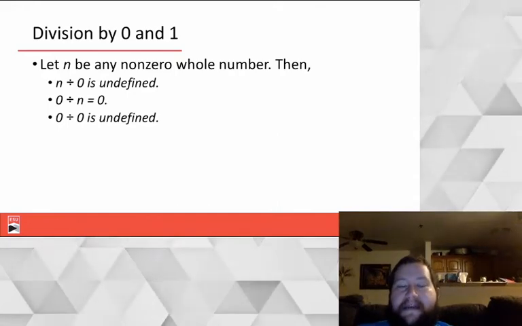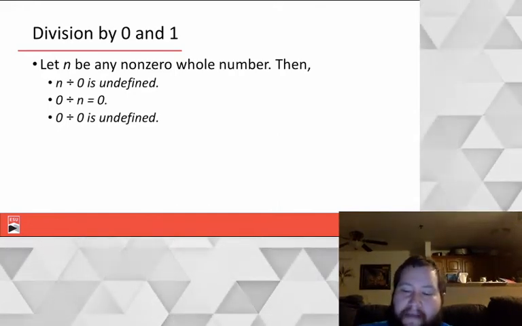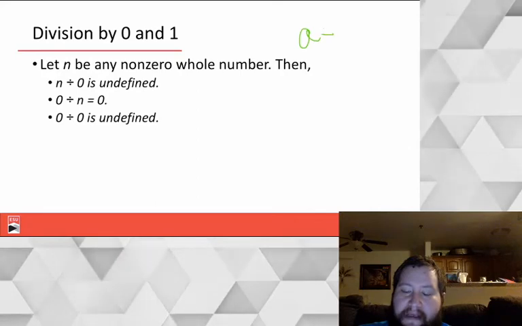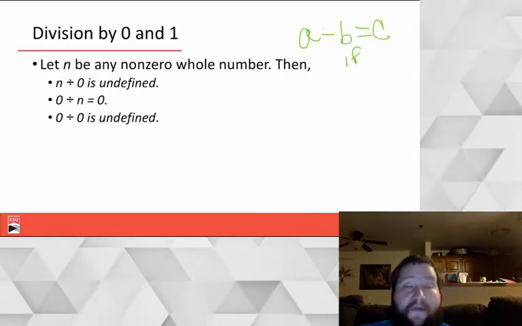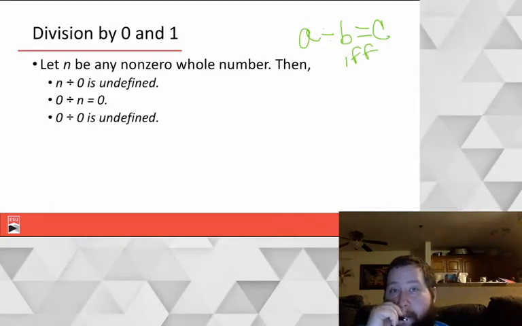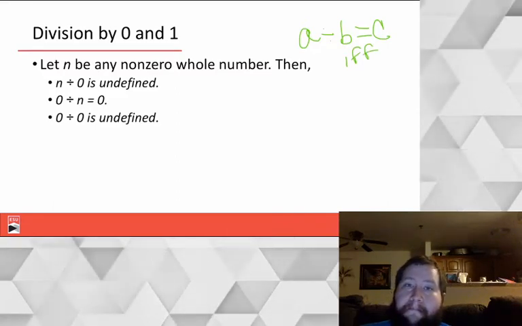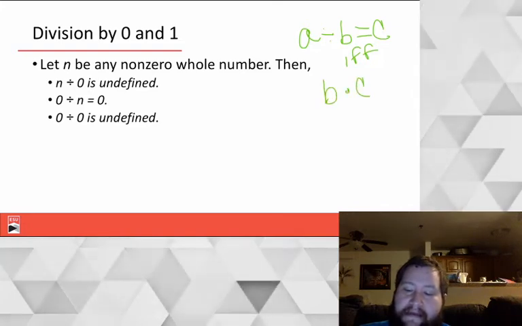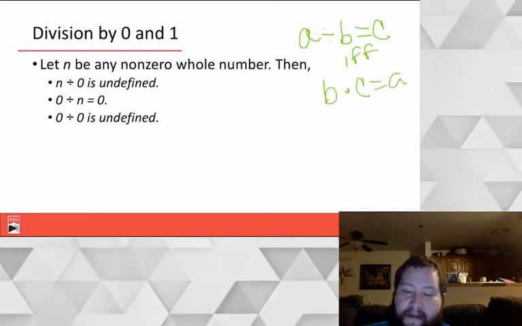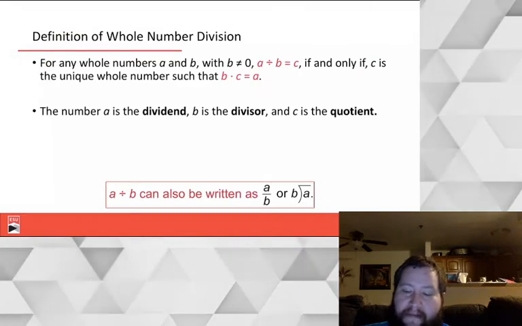Well, let's think: a divided by b equals c if and only if, or is equivalent to, b times c is equal to a. Let's make sure I kept those the same order. b times c equals a. Looks good to me.